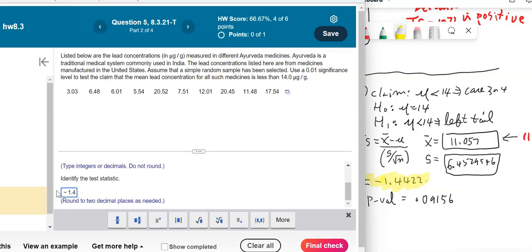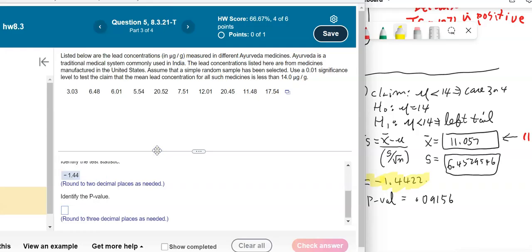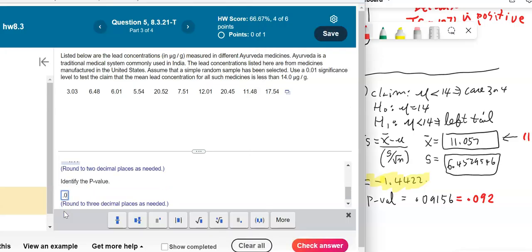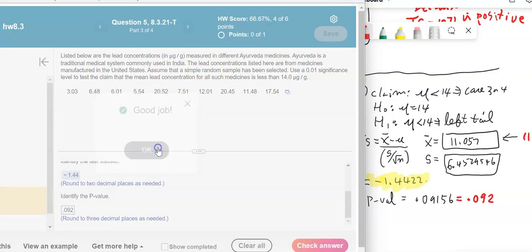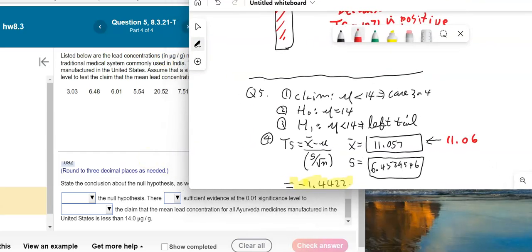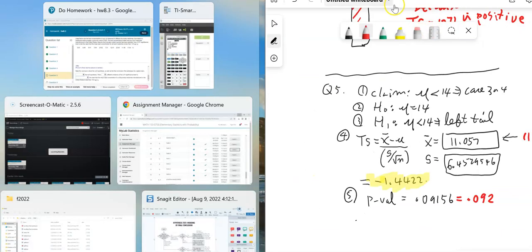I don't know how to read numbers correctly, that's the problem. And then the p-value is three decimals down, 0.092. Okay, better be right. 0.092. Okay, yes.